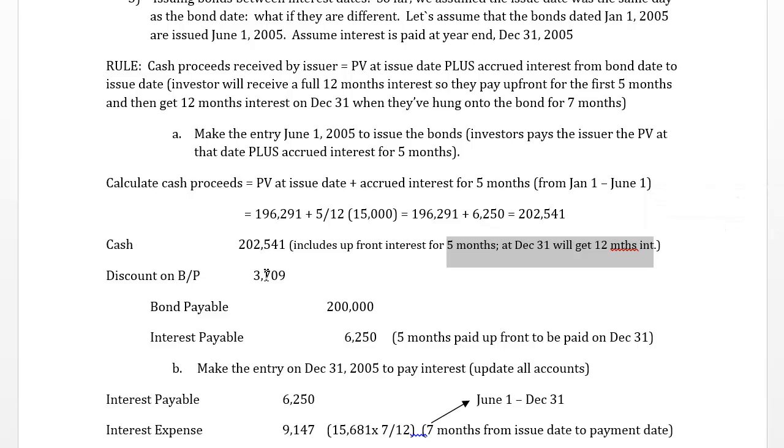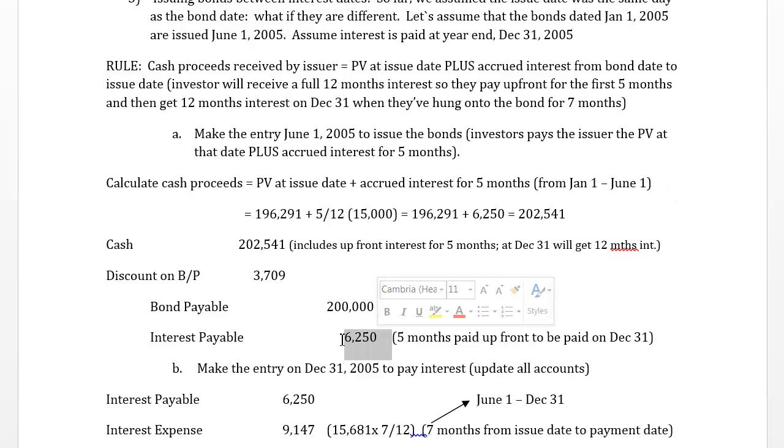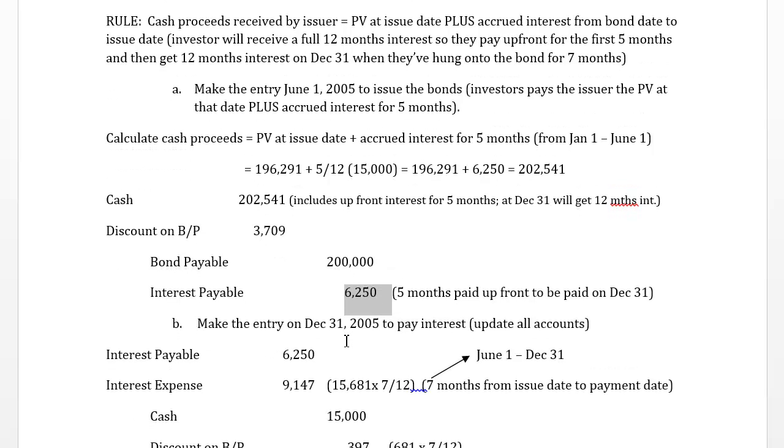I now record my discount, which I showed you on the previous screen, credit my bond payable, and now as the issuer, a company, I also have to set up interest payable. That's the 5 months interest that they paid up front, right? That's that $62.50, because that's the part of the $15,000 that I got to pay them back on December 31st.